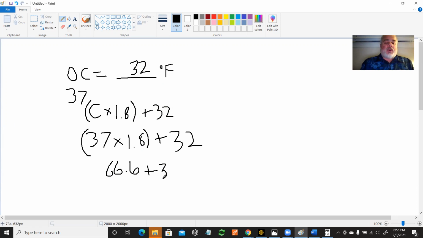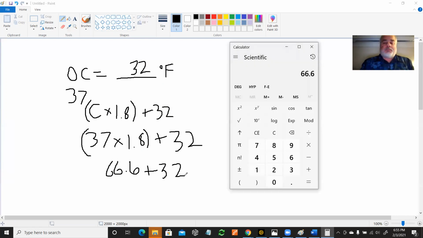Plus 32 is 98.6, normal human body temperature in the American Fahrenheit system of temperature measurement, 98.6.